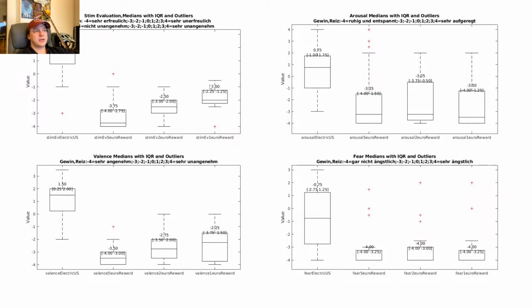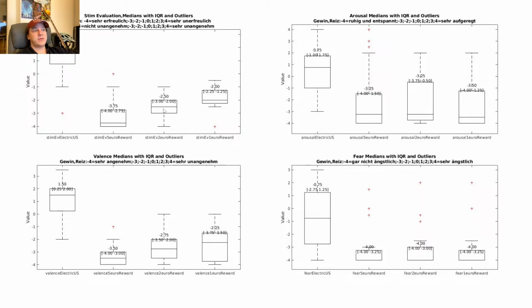I'm not feeling bad, and 4 is I'm feeling bad. Originally the scale was from 1 to 9, but we shifted the values a little bit to make it possible to compare. And what we can see is that the €1 causes the same level of pleasantness as the unpleasantness caused by the electrical stimulation.